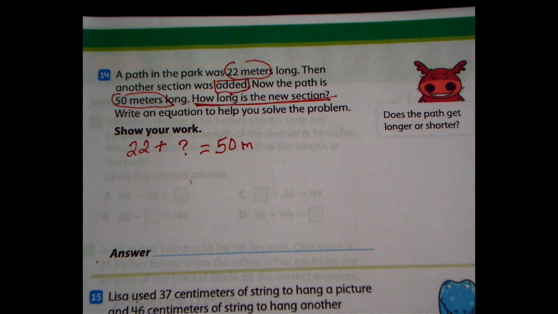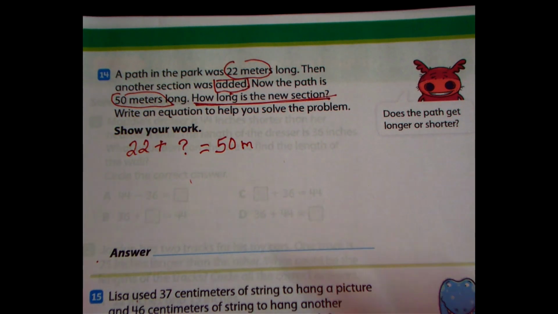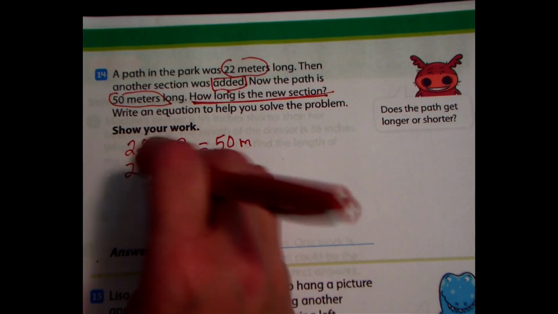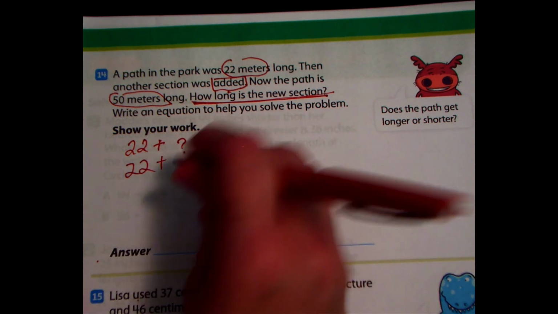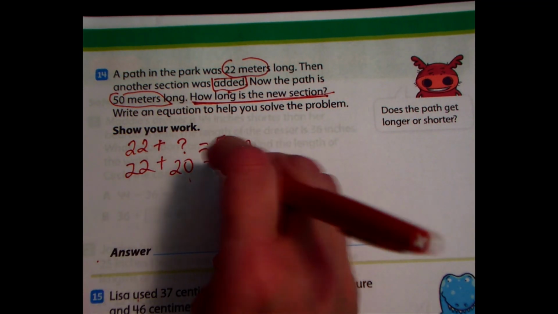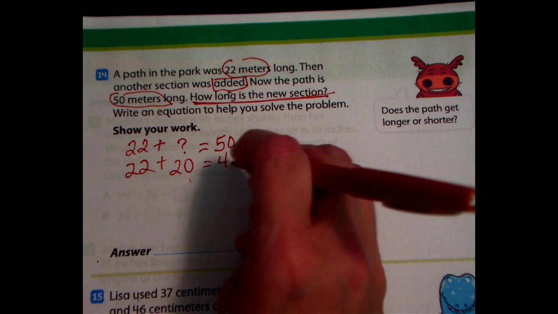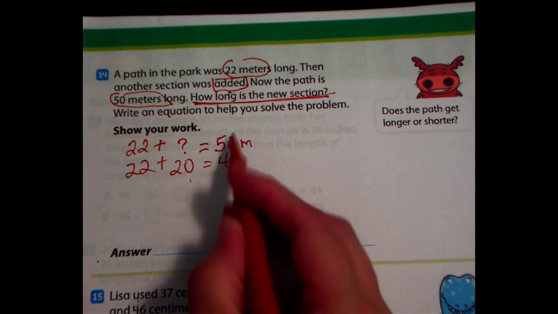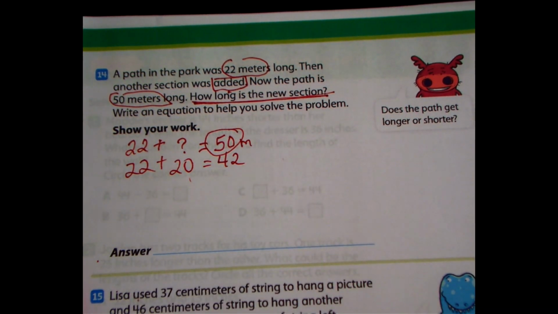Okay. So I'm going to add, there are many different ways I can do this. I can do 22 plus, I can add 20, which gives me 42 meters. And remember, I'm going to 50 meters.